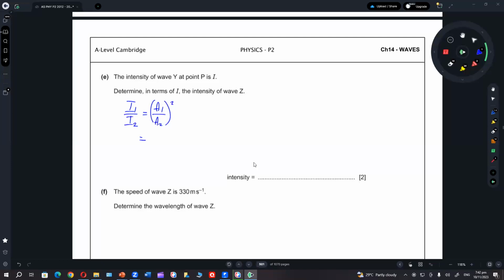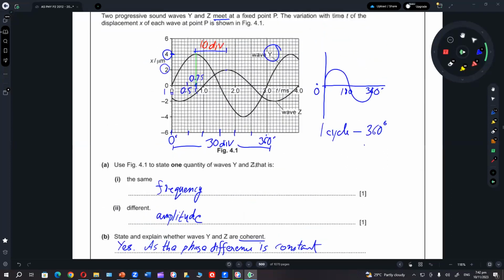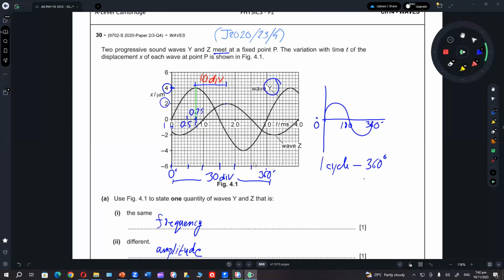The intensity of wave y. So if I take y as my numerator, is y the bigger wave or smaller wave?